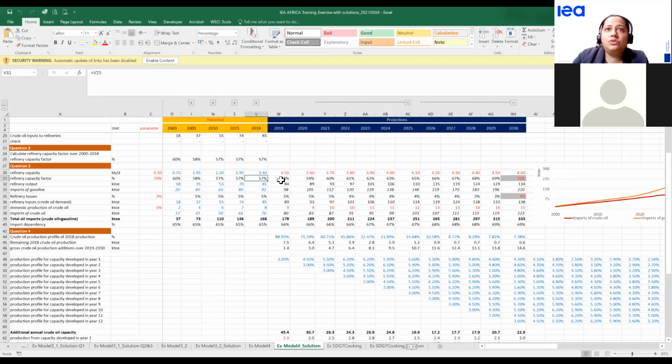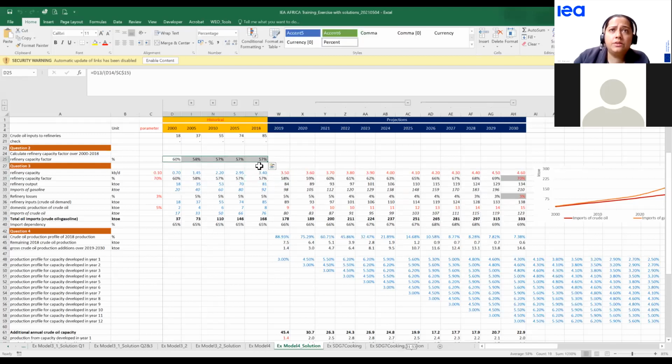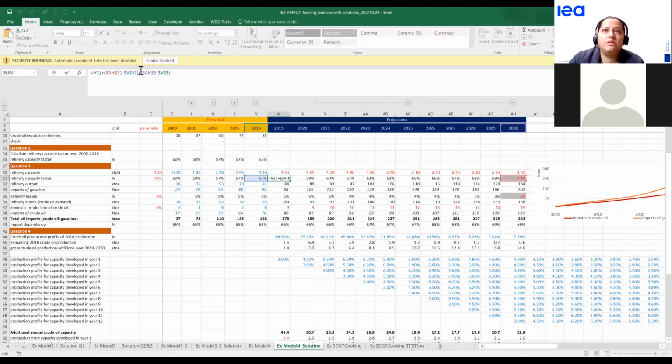So what you have to do is that from 2019, you know the amounts for 2000 to 2018, from above here, we calculated. But for 2019 to 2030, you have to make it grow linearly to 70%. So here you have the formula of how to calculate it.